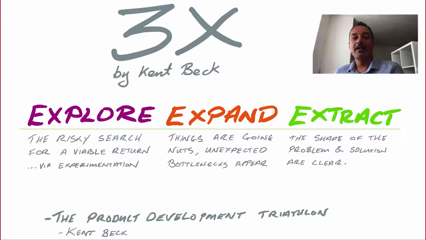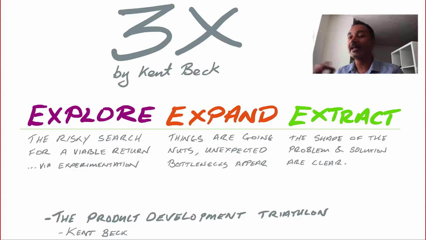He used this as a metaphor to get the point across that often we need a completely different mindset, approach, set of practices and culture for these three very different stages of what I call the winning profile of a winning idea.